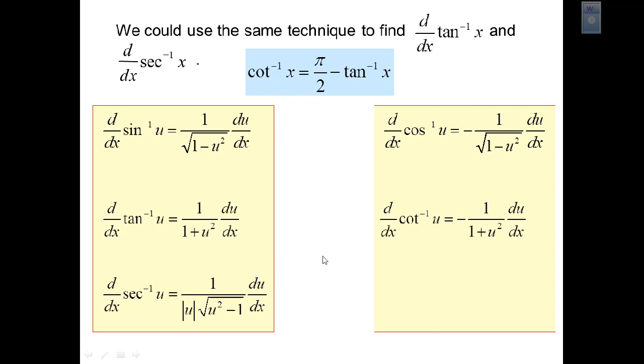And last but not least, we have the same relationship with inverse secant and inverse cosecant. Pi over 2 minus inverse secant is equal to inverse cosecant. So when we take the derivative, we get 0 minus the derivative of inverse secant, so we end up with just the negative of this thing right here.